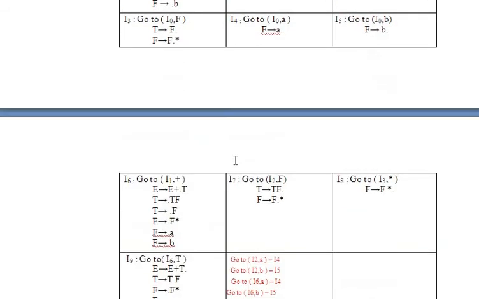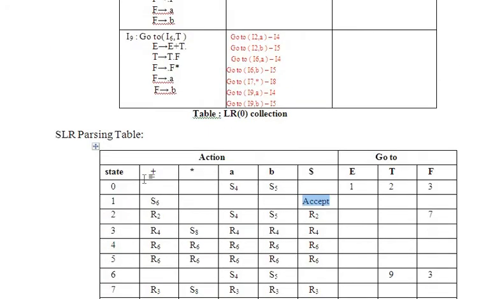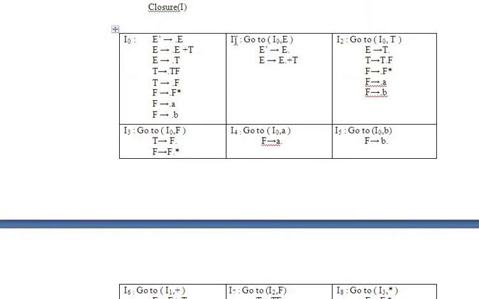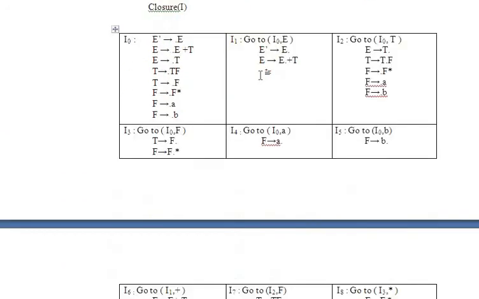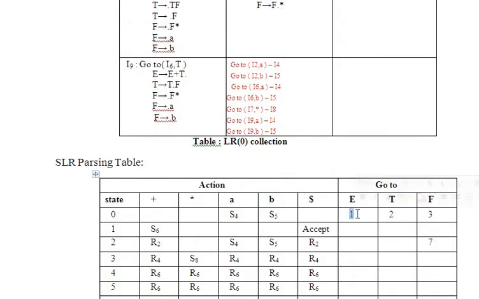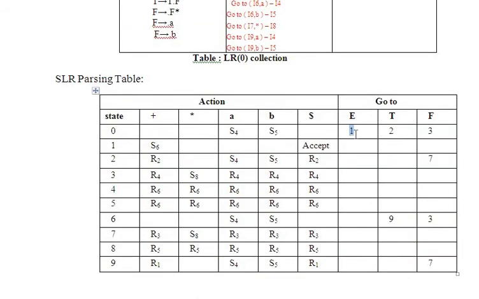Now for the next entry, check I0 on E. The state is I1, so write 1 in the goto state on the 0 state row.